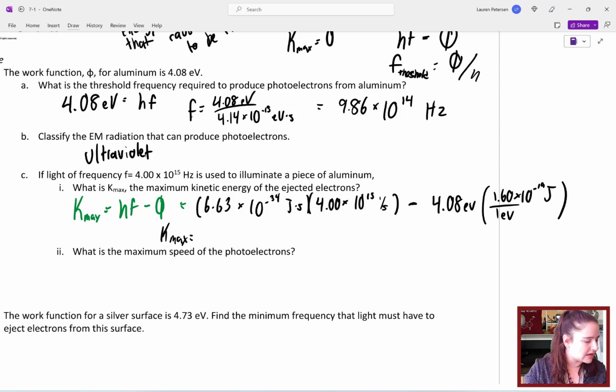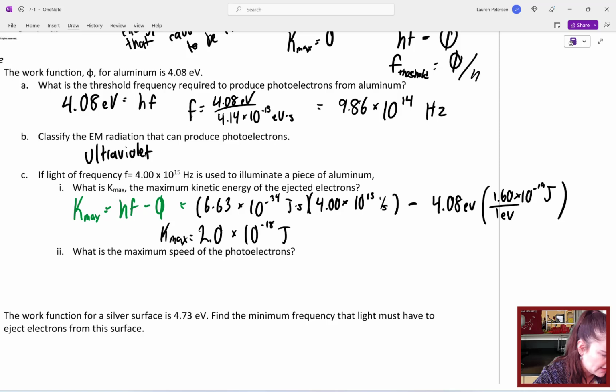And we get 1.99 times 10 to the negative 19... 1.999, so I'm just going to go with 2.0 times 10 to the negative 18 joules.